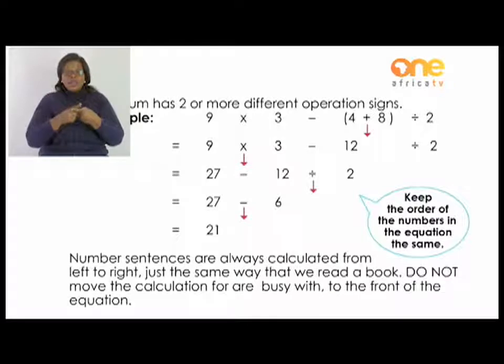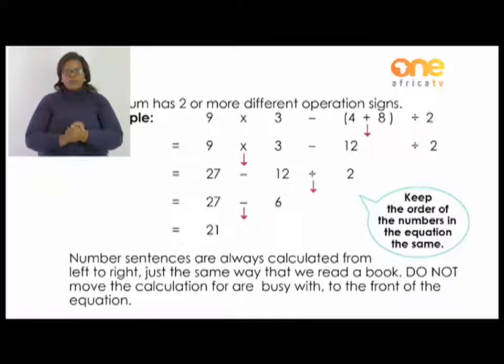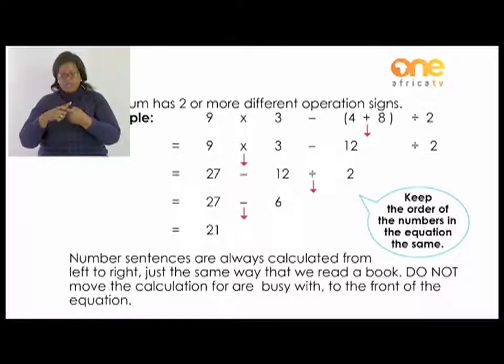We do it from left to right. The order stays from left to right. So in this sum, the first operation that we will find there is multiplication. What is the answer to 9 times 3? 27. So we go to our next step: 27 minus 12 divided by 2.